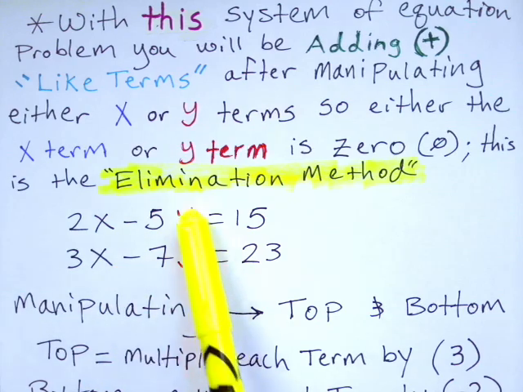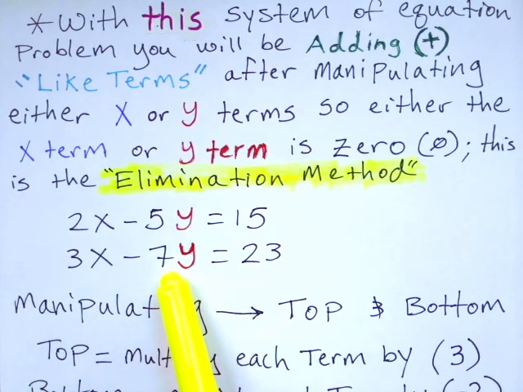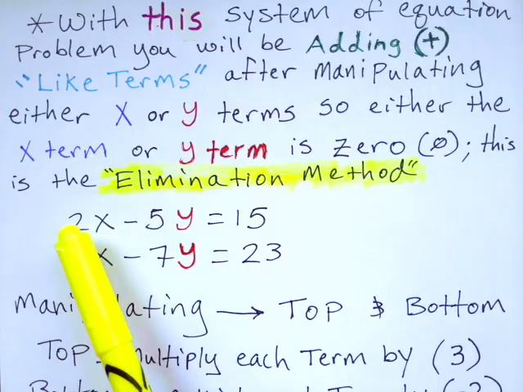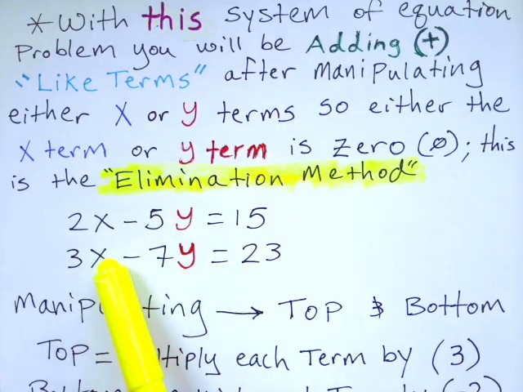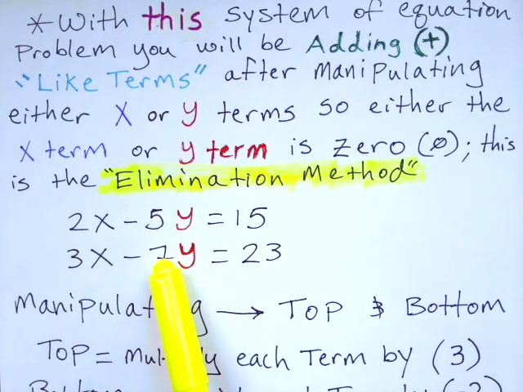Or I could focus on the y values. What if I multiplied the top by -7 and the bottom by 5? Or a -5 times 7, and then a -7 times a -5.